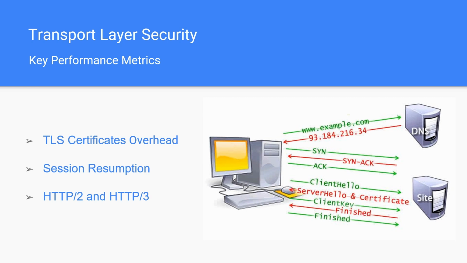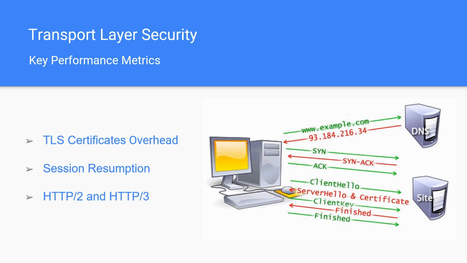While the certificates are getting exchanged and we are accessing a particular website, let's try to understand it better with an example. The first impact is the overhead of the subject alternative name, where a single certificate is being used for many websites. So a SAN certificate is going to have a lot of names in it.